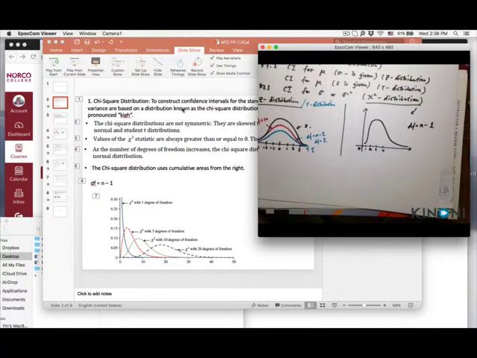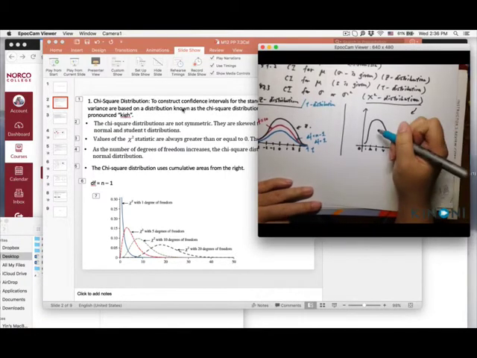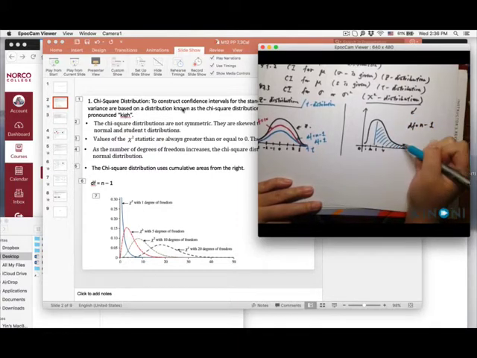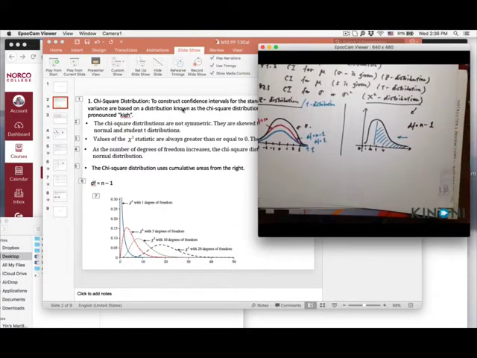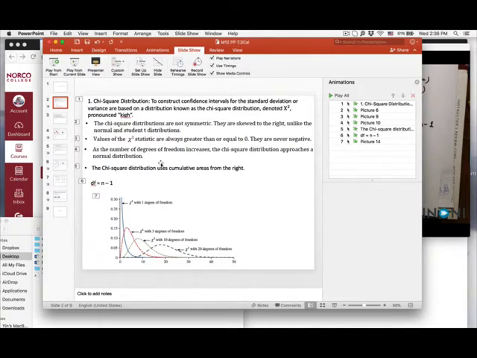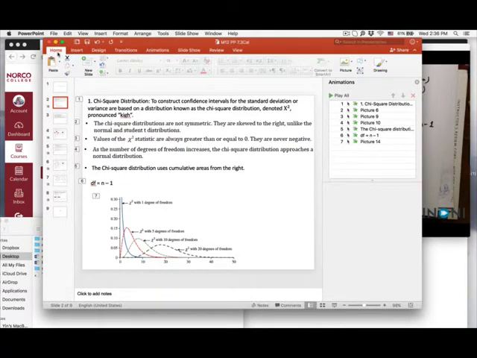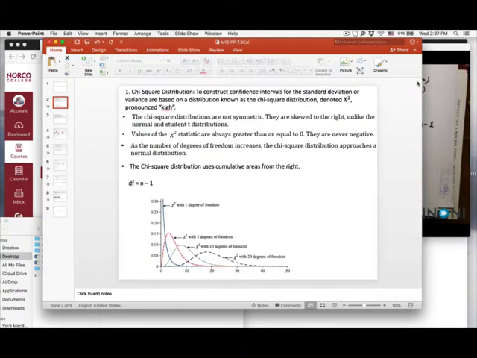For the chi-square distribution, we will use the cumulative area from the right. So when you calculate the area, that will be cumulative from the right to the left. Look at the PowerPoint here. Skewed to the right, unlike the normal and the student T distribution.